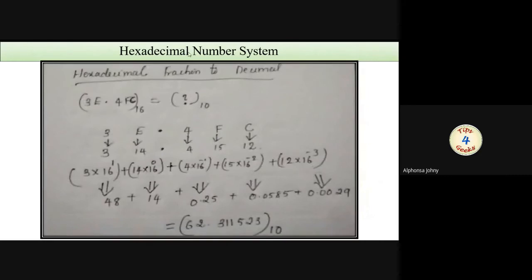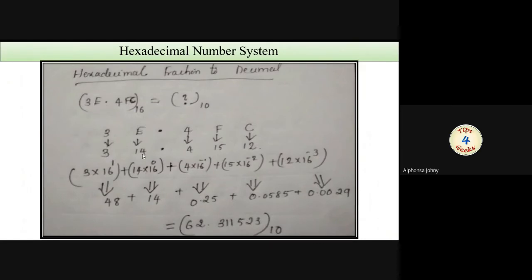Then hexadecimal fraction to decimal. How can we convert hexadecimal numbers with a fraction to the decimal number system? Again, I am taking the number 3E.4FC to the base 16. First, we have to replace each digit with its equivalent value. 3 is the same as 3.